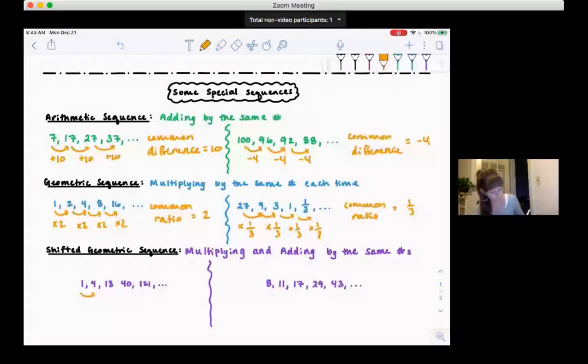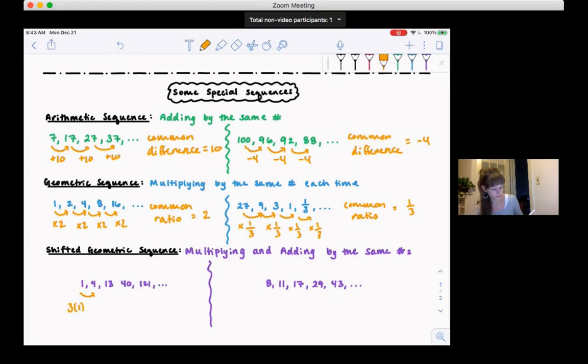But from 1 to 4, we could get from 1 to 4 by multiplying 1 by 3, so 3 times 1 is 3, and then adding 1. And we could get from 4 to 13 by multiplying 4 by 3 to get 12, and then adding 1. 13 to 40, we could multiply 13 by 3, that gives us 39, add 1 to get to 40. 40 to 121, if we multiply 40 by 3, we get 120, add 1, we get 121.